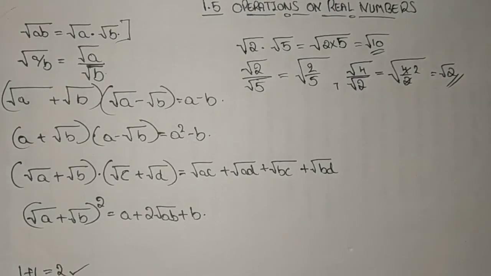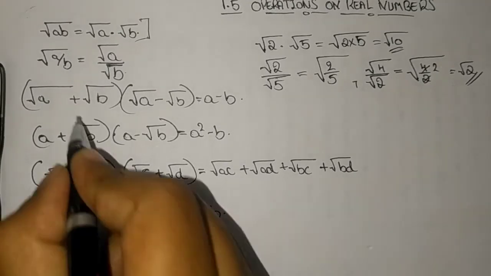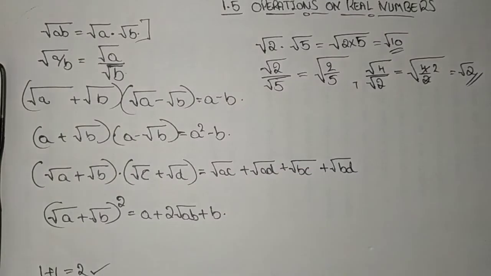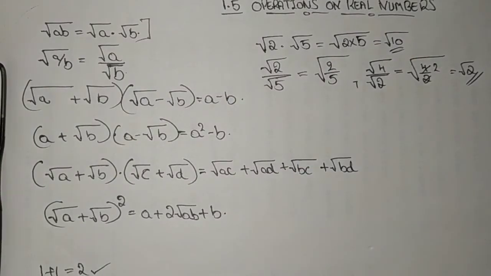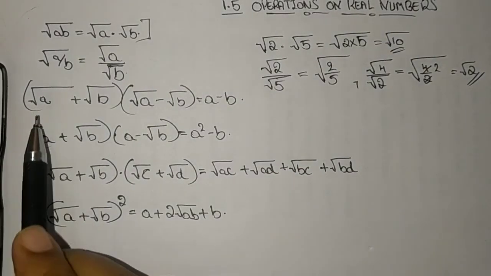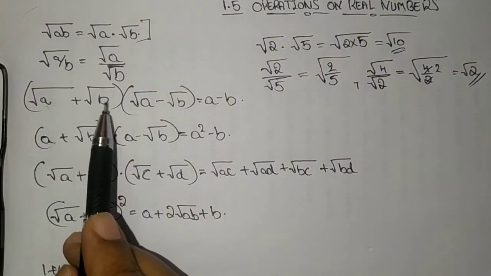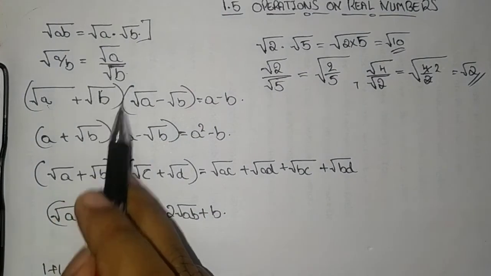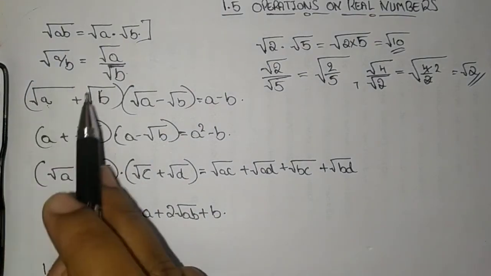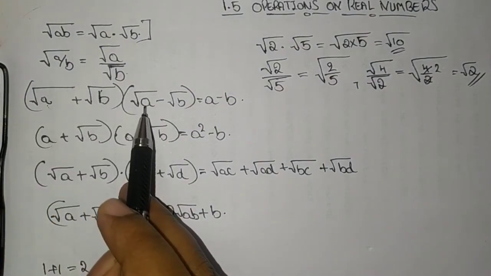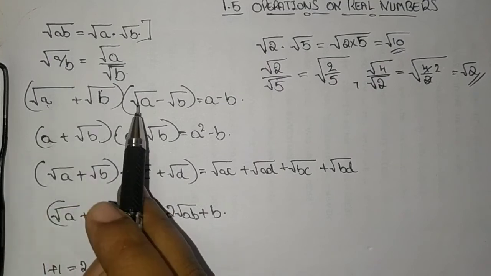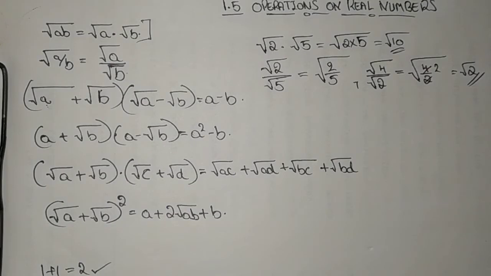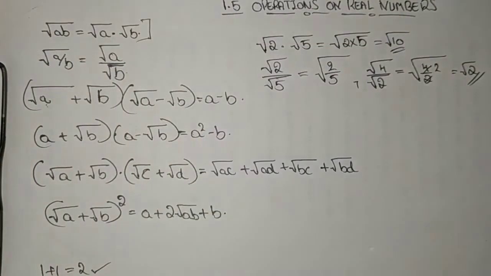If I come to the third part, see, all these statements are stated in your textbooks. Here root of the first number a plus root of the second number b, multiplied with root a minus root b, gives you a minus b.